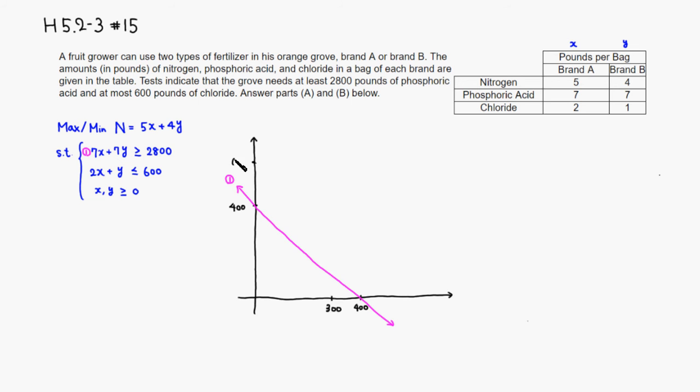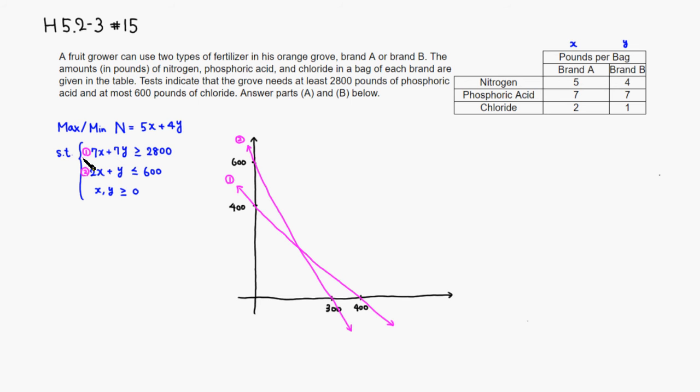Then we just have to connect those two together, something like that. So that's the second boundary line. And of course you have a non-negative constraint, so it's going to stay in the first quadrant.